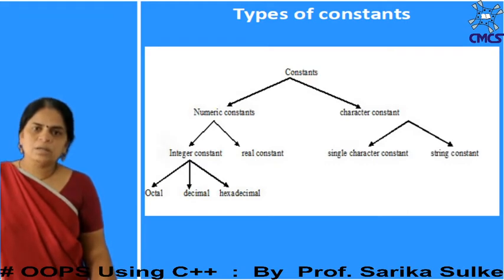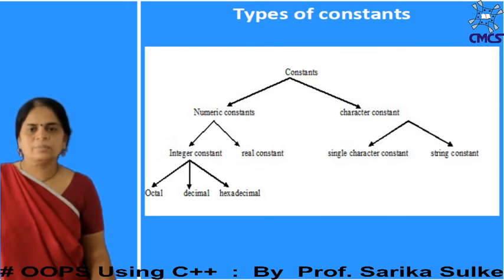Numeric constants are divided into integer constants and real constants. Integer constants are integer values without a decimal point, and real constants have a decimal point. Integer constants can again be divided into octal integer constants, decimal integer constants, and hexadecimal integer constants. You know about the octal, decimal, and hexadecimal number systems. The same number systems are used in integer constants.